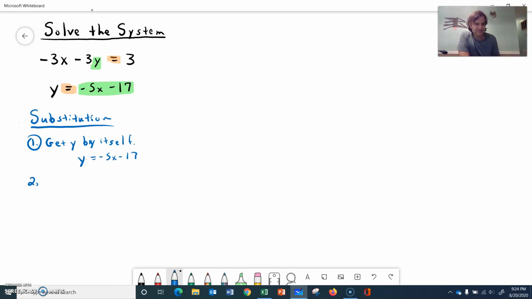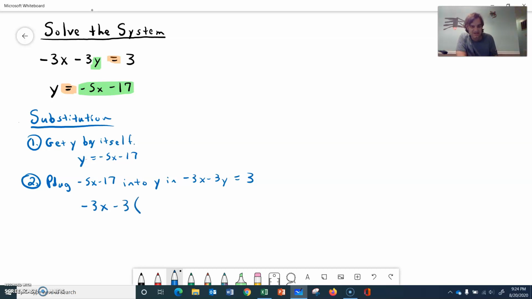So step 2 would be plug the negative 5x minus 17 into y in the first equation, negative 3x minus 3y equals 3. When we do that, we'll have negative 3x minus 3 times the quantity of negative 5x minus 17, and that's all equal to 3.